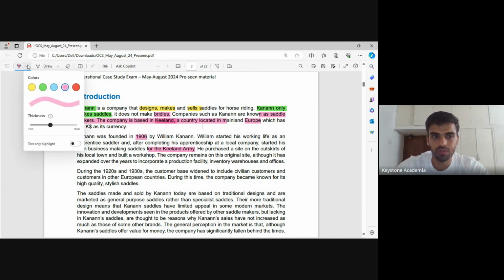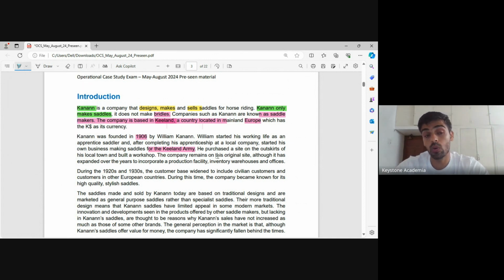The company remains on this original site, although it has expanded over the years to incorporate a production facility, inventory warehouses, and offices. Obviously, we might have gone through so many transitions. It's more than 100 years.